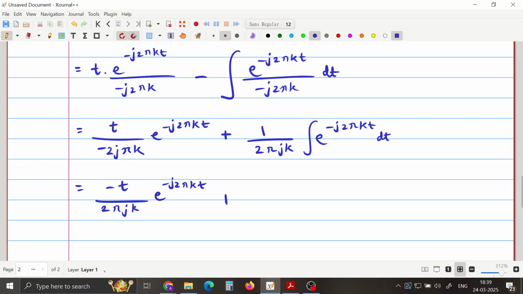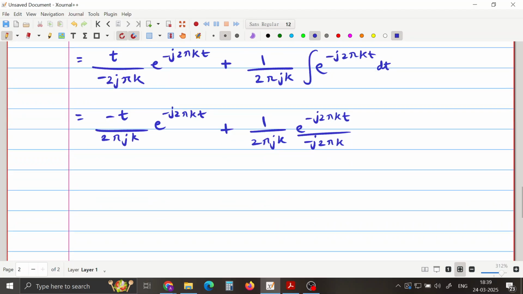And now what do we have here? Minus j 2 pi k. This is t by 2 pi jk e power minus j 2 pi kt plus e power minus j 2 pi kt whole divided by 4 pi square k square.